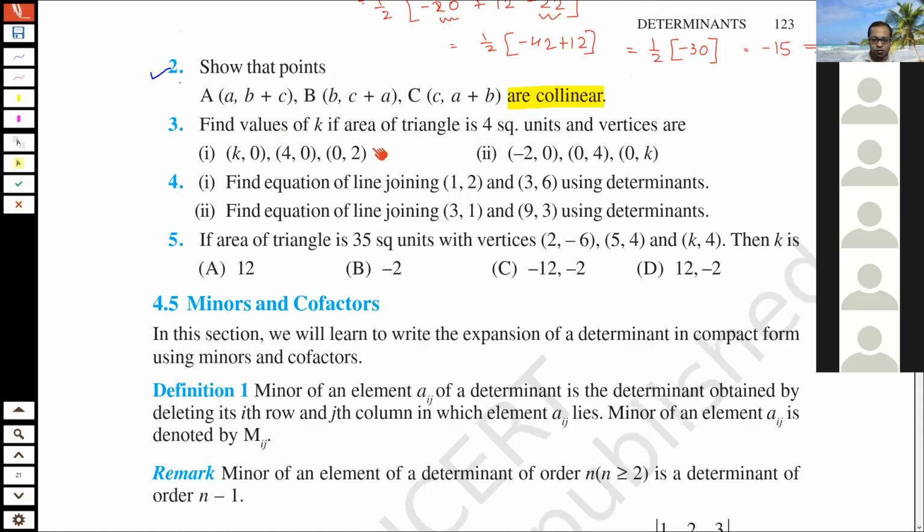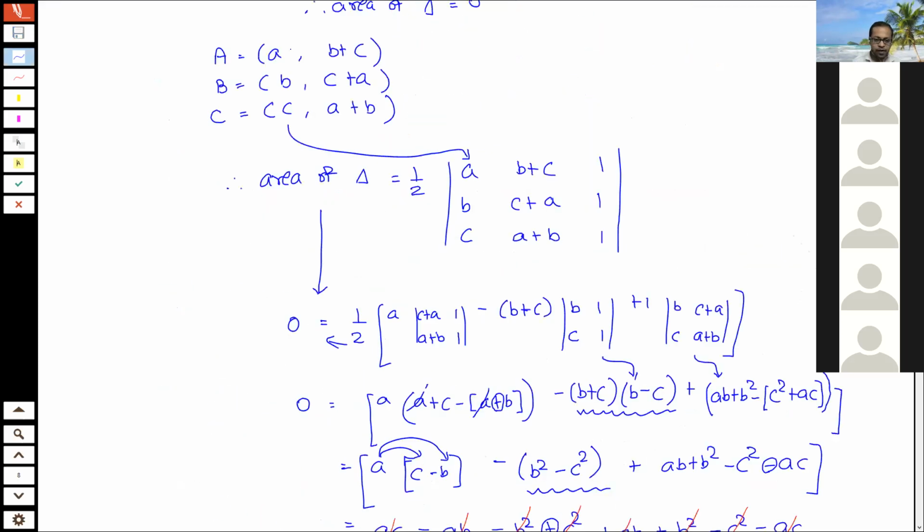Okay, so we have two questions. We will solve one first. This you can take as a homework. Now, area of a triangle is given and we have 3 points, K0, 40, 02. I'll write 3 points.